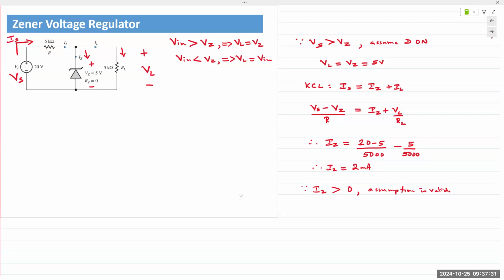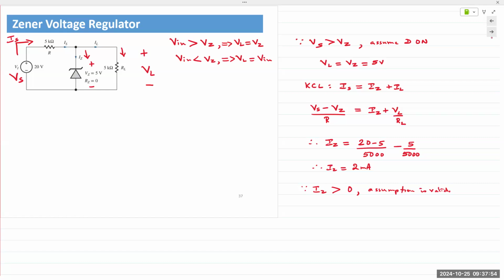The answer would be yes. When it's on, it's acting like a voltage source, so you can consider it to be like a short if you wish. Yeah. But it's acting like a voltage source.